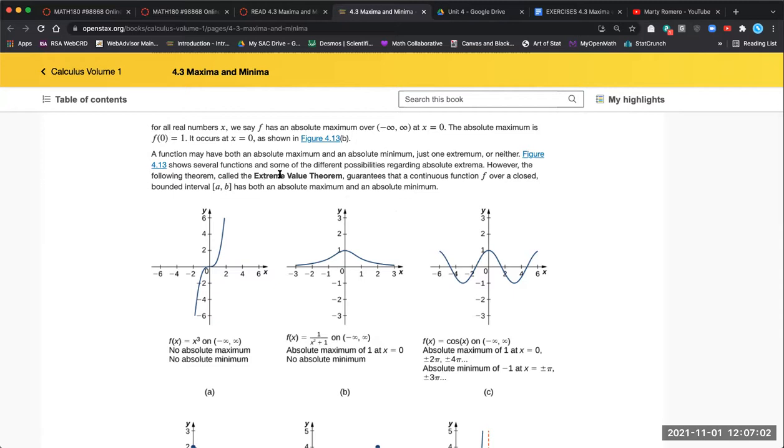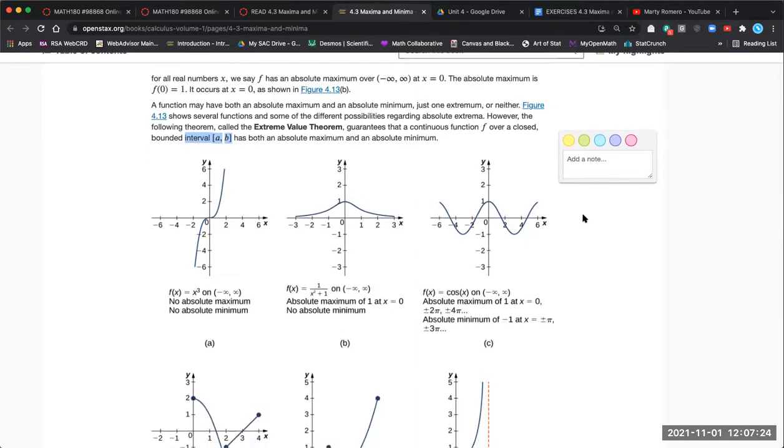Now we have something called the extreme value theorem. The extreme value theorem guarantees that for a continuous function over some closed interval, and that's the key, that there is some closed interval over which the function is defined, we have a maximum or minimum.